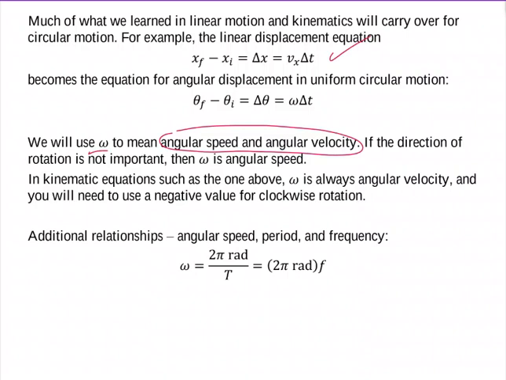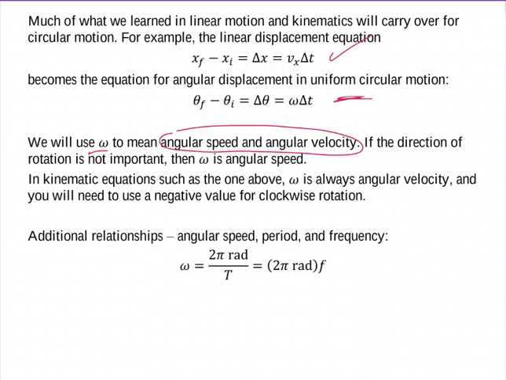So in kinematic equations, like what we're looking at up here, omega is always angular velocity. And you're going to need to use a negative value for clockwise rotation, okay? If we're not talking about that equation, then angular speed is fine, and you don't have to worry about it, unless you want to specify which way it's rotating.